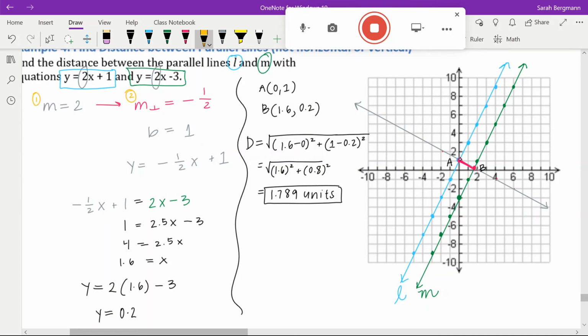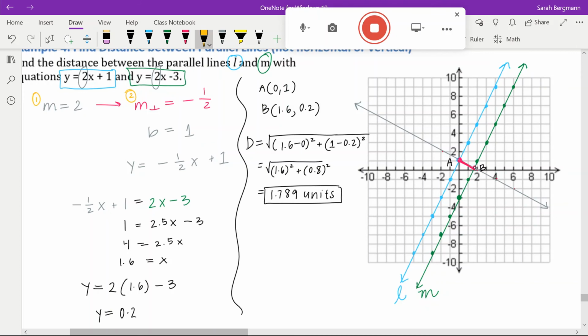So start on one line at its y-intercept and use the slope to find where it intersects the other line. If it intersects at exactly an integer right on the green line, you can go ahead and move on to the distance formula.